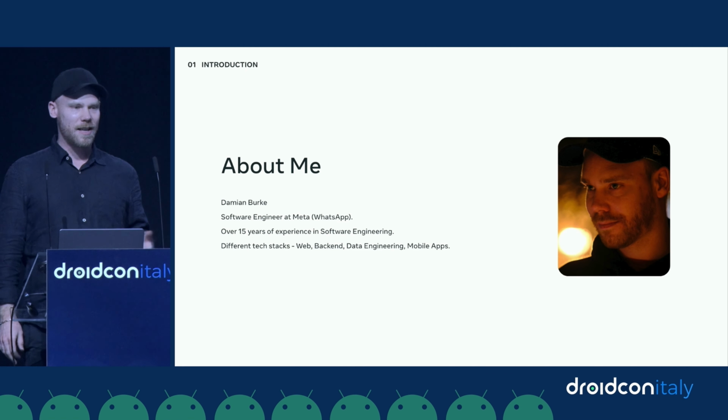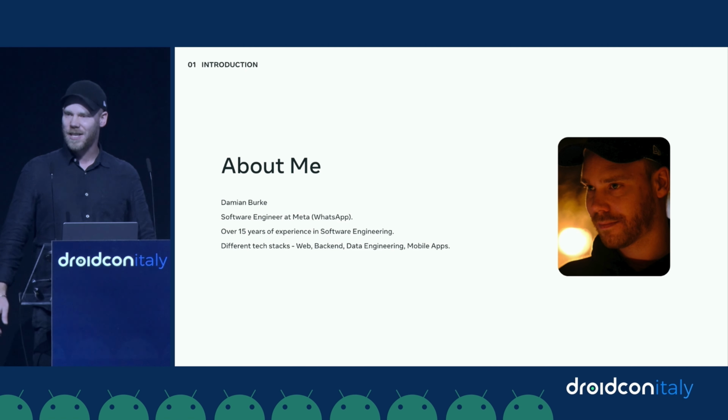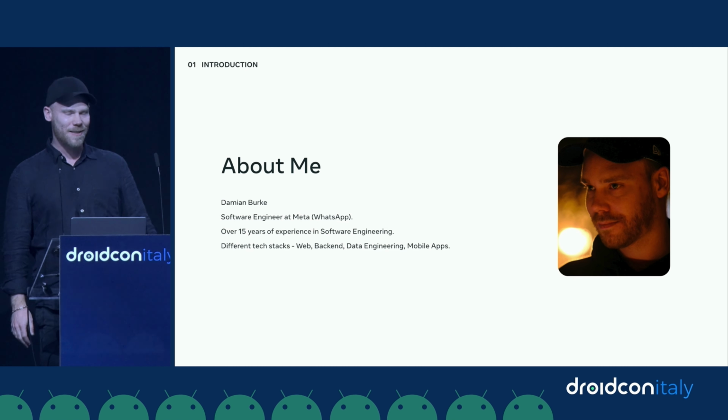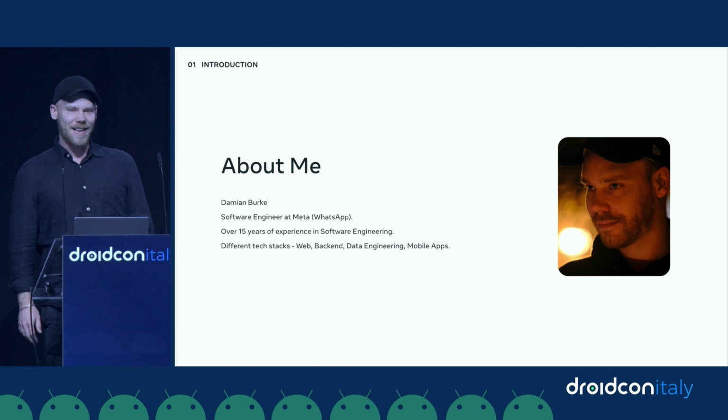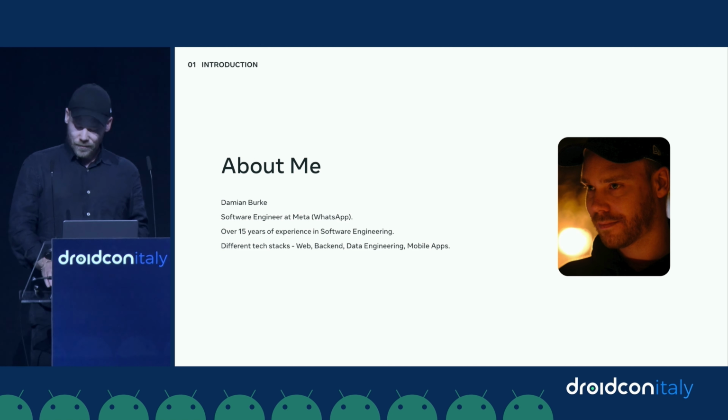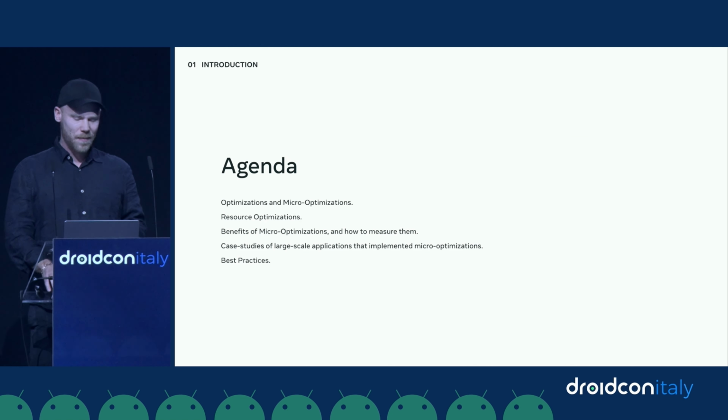I started in the early days with PHP, MySQL, in the good old days before object-oriented programming was a thing for PHP. Then I moved over to mobile applications when I got my first Android phone sometime after. Now I'm also working again with PHP because in our company we use Hack, right, which is like our own PHP variant. So I do a lot of things in a way, but that's enough about me.